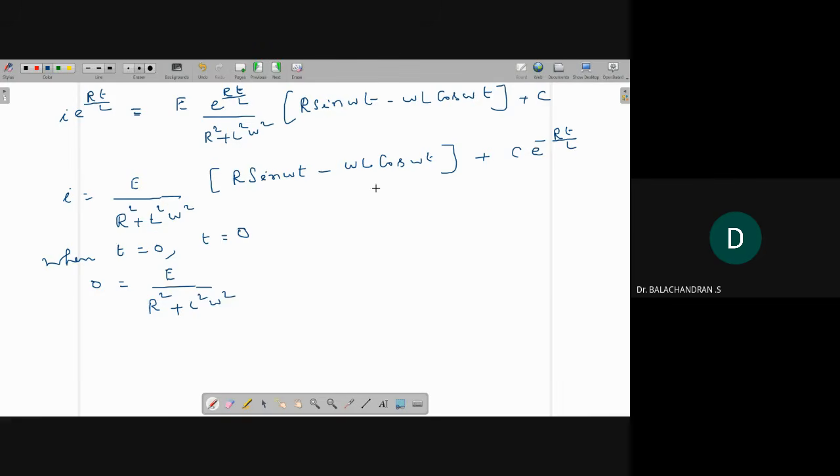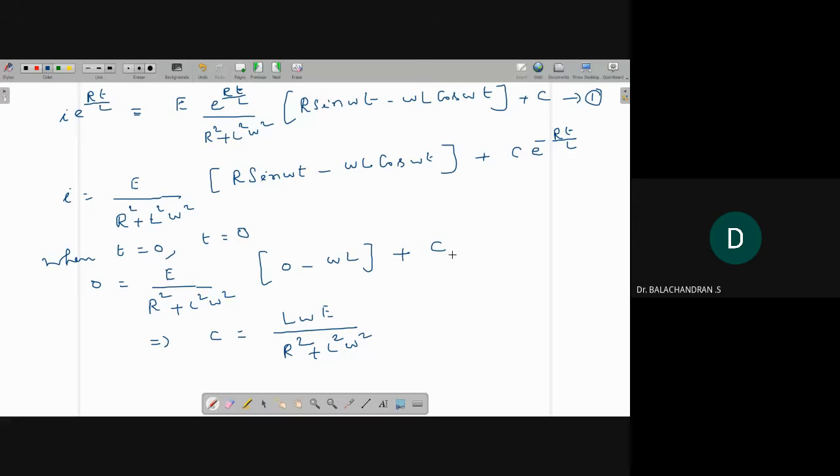So this is 0, this is 1, so 0 minus omega L plus C. This implies C equals L omega E divided by R square plus L square omega square. This is C.